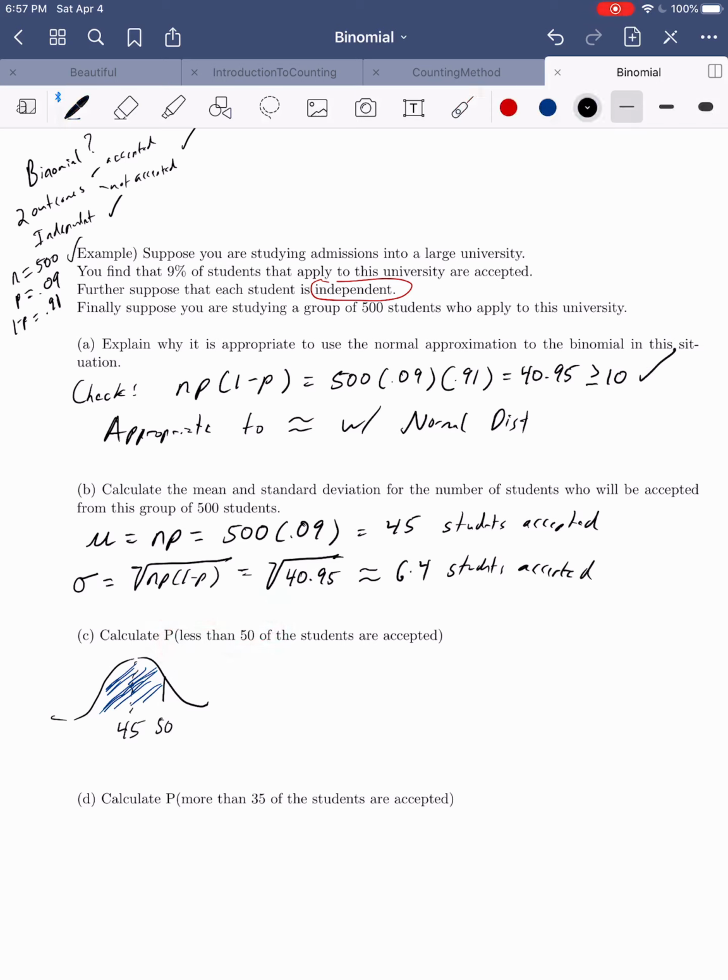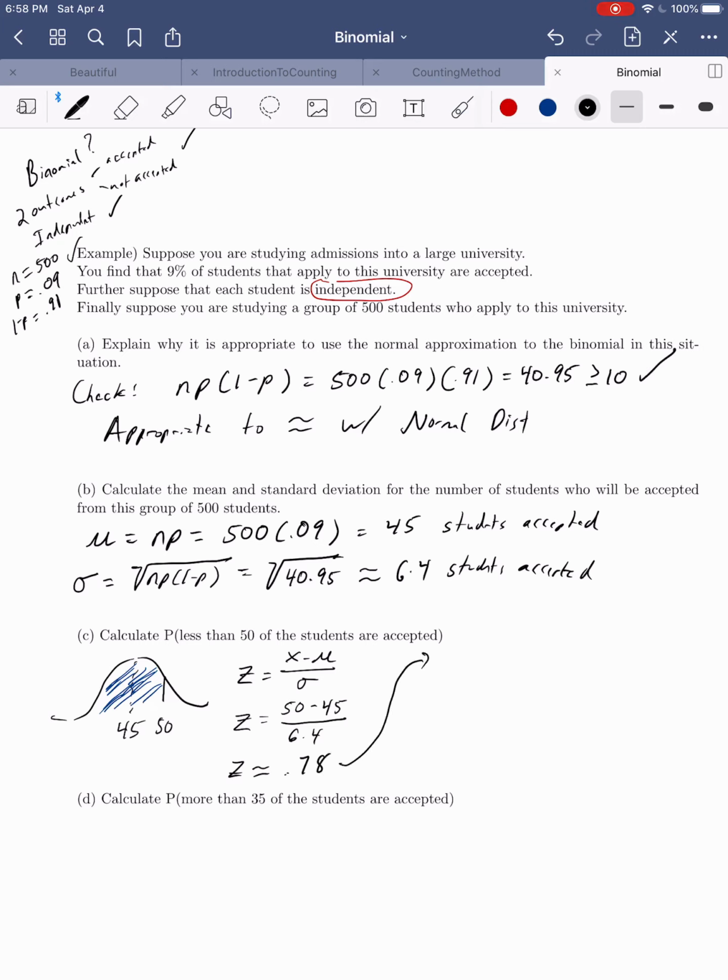Then we could go ahead and calculate our z-score. Z would be x minus mu over sigma, which in this case, the x is that 50 minus the mean, which is 45, divided by the standard deviation, which is 6.4. If you do that, you should get that that's 5 divided by 6.4, which should be about 0.78.